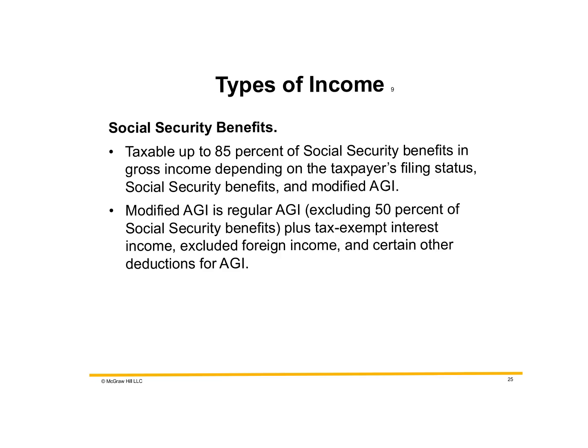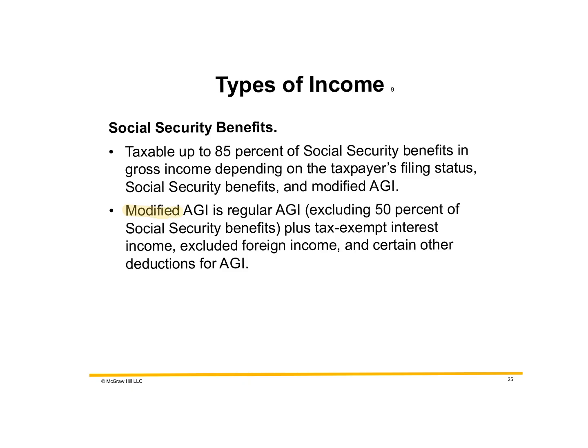So, Social Security benefits. Those are taxable up to 85% of Social Security benefits in gross income, depending on the taxpayer's filing status, Social Security benefits amount, and their modified AGI. And this modified AGI, we're going to define down here.